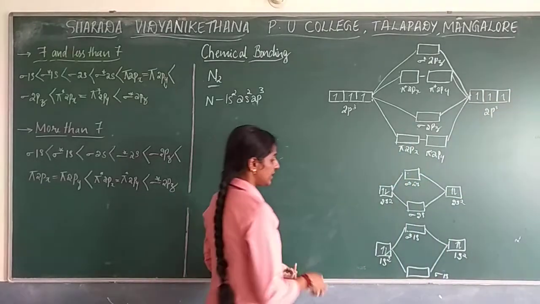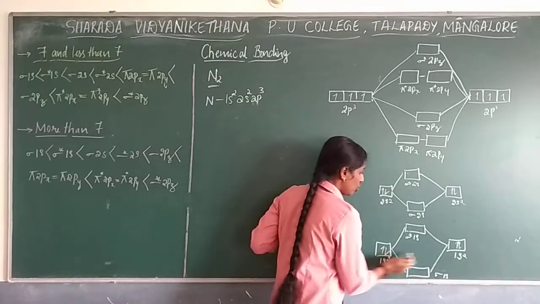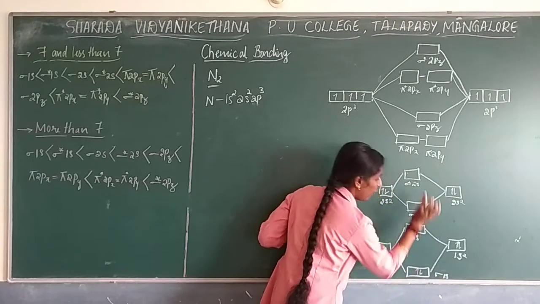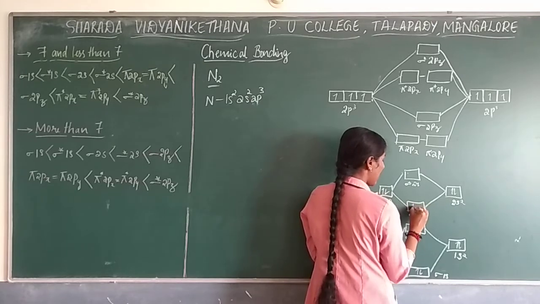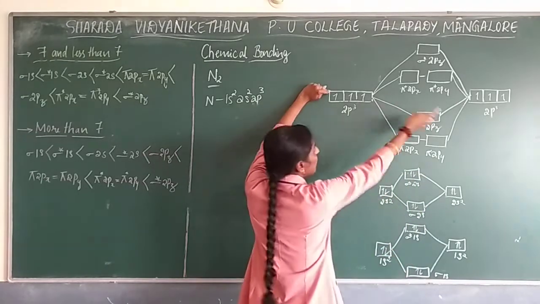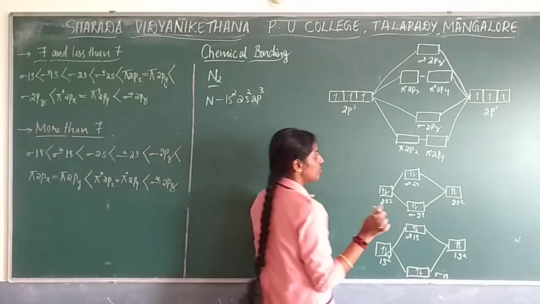Next, you have to count the electrons for this molecular orbital structure. 2 plus 2 is 4, so give 1, 2, 3, 4. Next, 2 plus 2 is 4, again 1, 2, 3, 4. Next, 3 plus 3 is 6 electrons that you need to distribute.